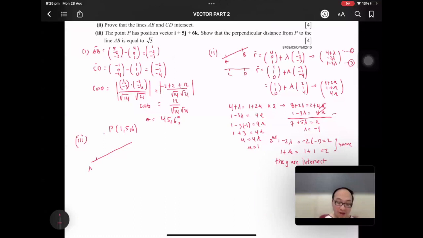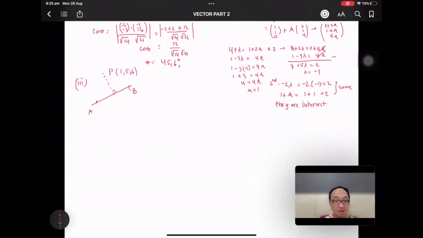We need to find that the perpendicular distance from P to AB is equal to √3. So this is the perpendicular distance, and I can use the scalar product to find it.